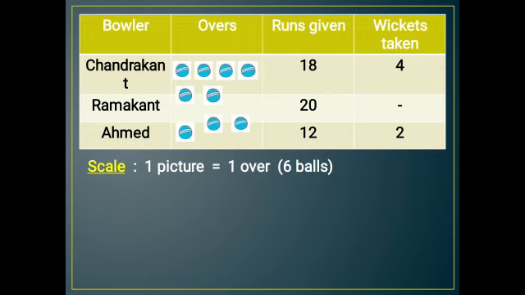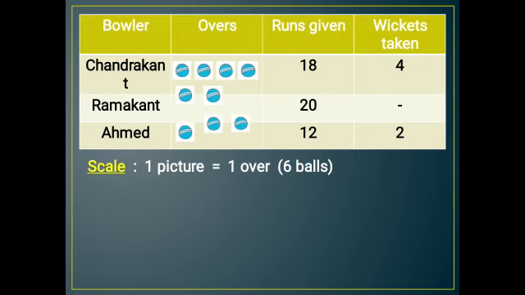Here 1 over means 6 balls, so one ball picture is 1 over. Understood? You can see down that it is written, scale is equal to one picture is equal to 1 over.